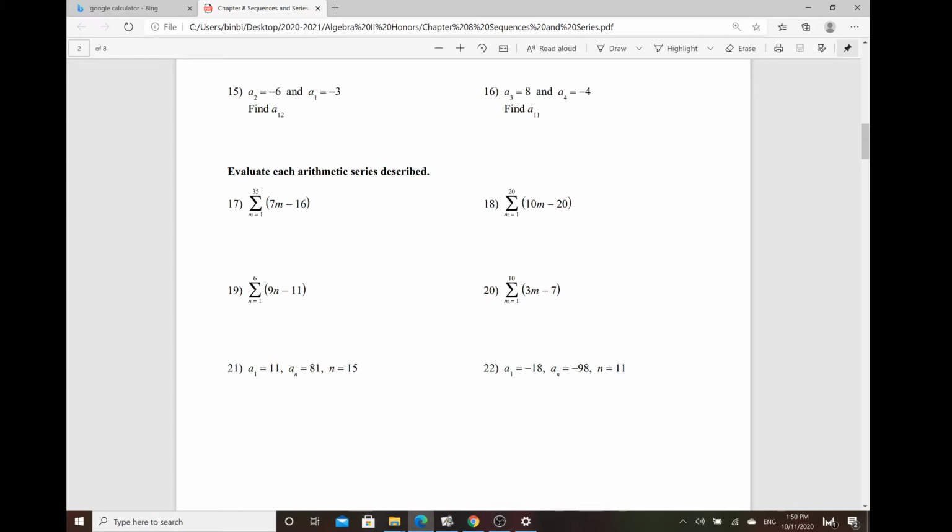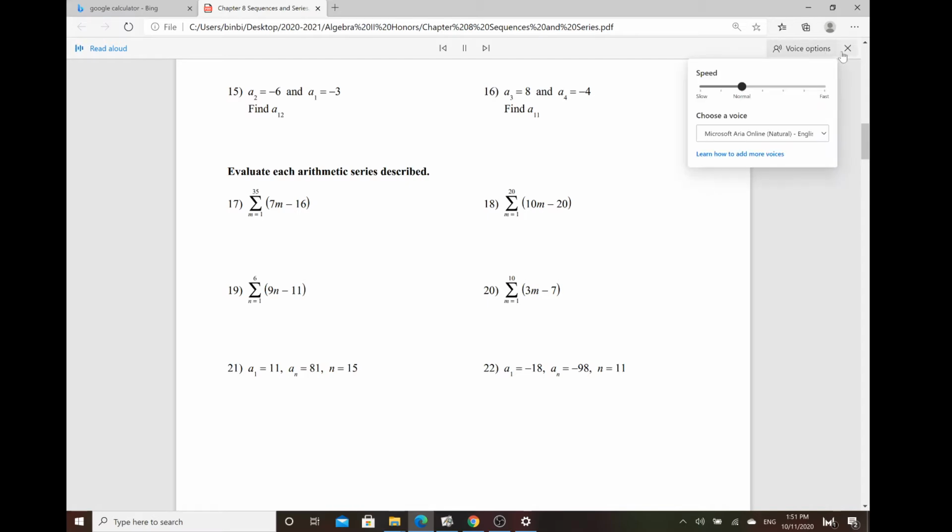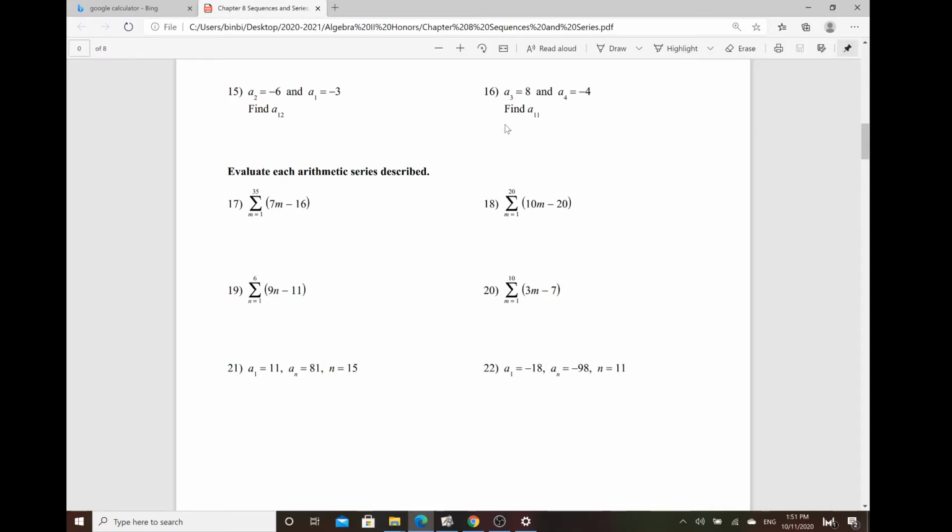So what this is saying is 10 times sigma m equals 1 to 20 of m, minus sigma m equals 1 all the way to 20 of 20.